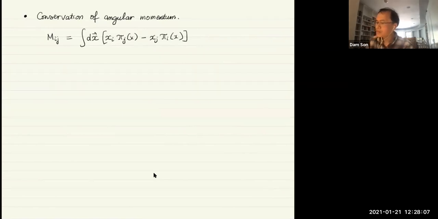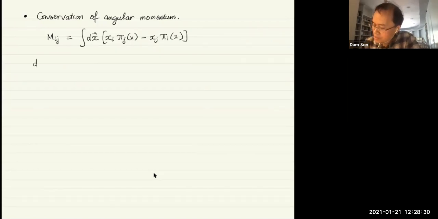And nothing else. The assumption here is that the only contribution to the angular momentum comes from the motion of the fluid. The particles do not have internal degrees of freedom that carry angular momentum.